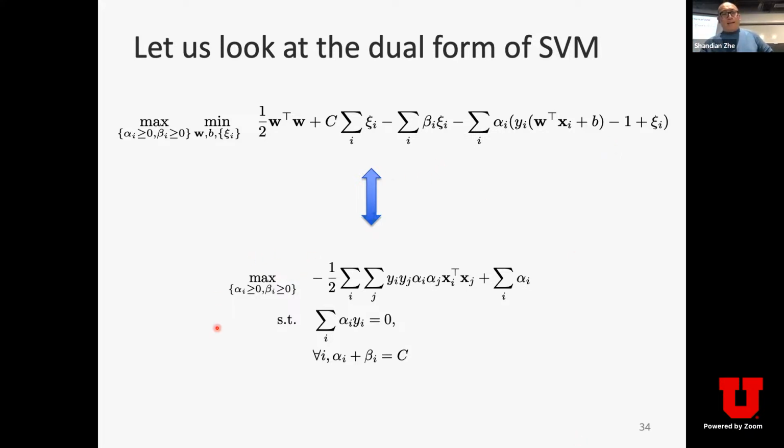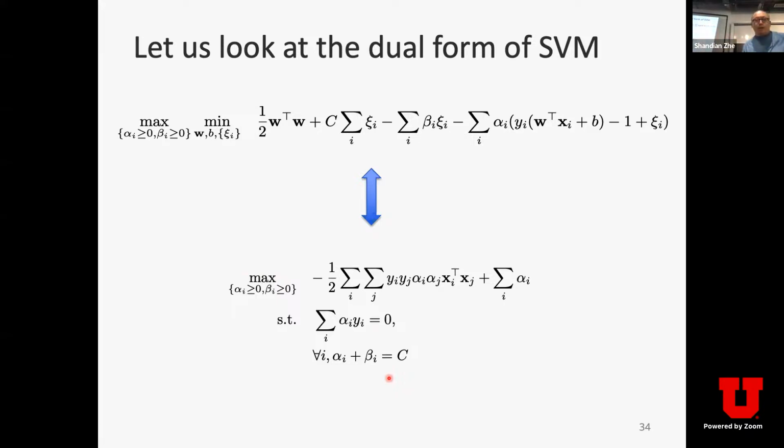Now our task is to solve this maximization problem. First, we find that beta i's do not show up in the objective function. It only shows up in the constraint. So can we further simplify this problem to get rid of beta i's?